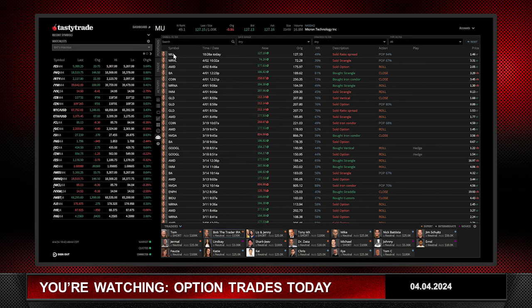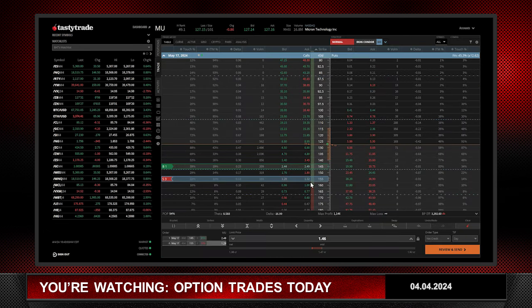So the stock is rallying a little bit from the last time I just mentioned it. $1.46 is my credit. If you click on it, I always try to put something down on there. A 1/3 omnidirectional, slightly bearish ratio spread. I say slightly bearish because there's no risk to the downside. You'll notice this green line goes all the way down to 0. Obviously, there's no risk to the downside.